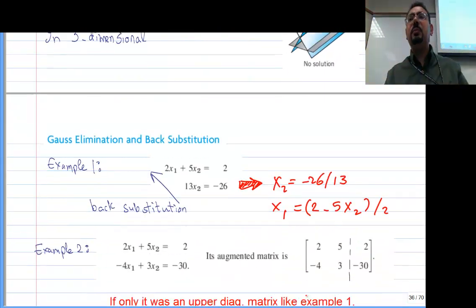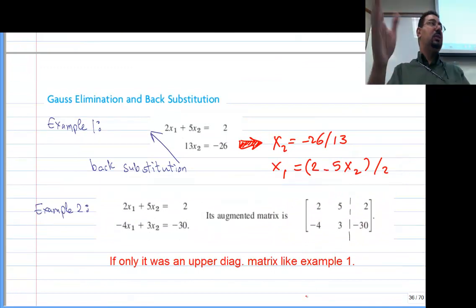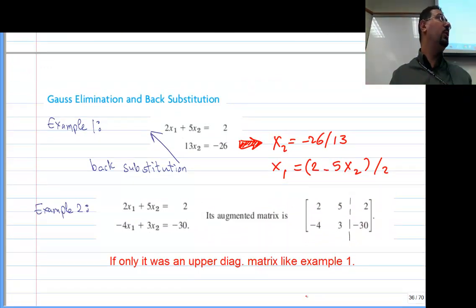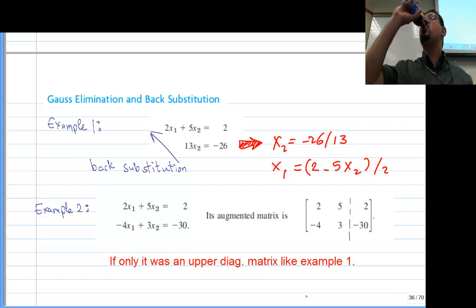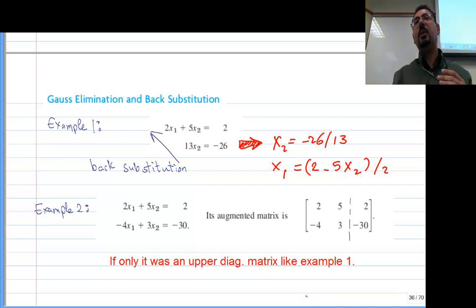Right, very good. So let's try to derive those solutions, and then we'll see what situation we end up in, generating either no solution or an infinite number of solutions. So this is called Gauss elimination.